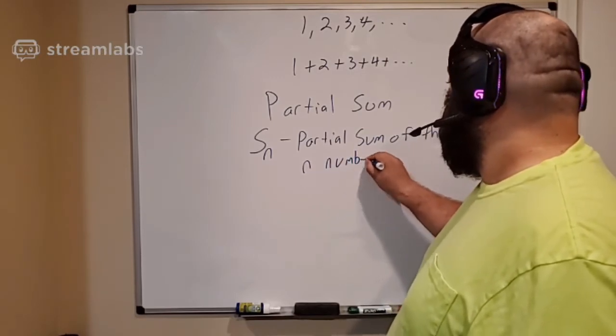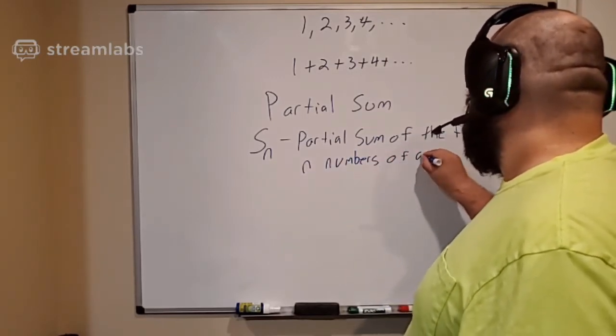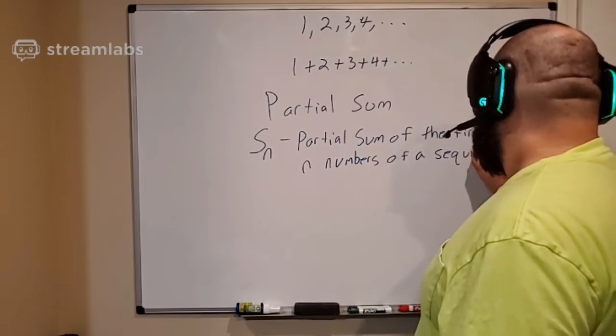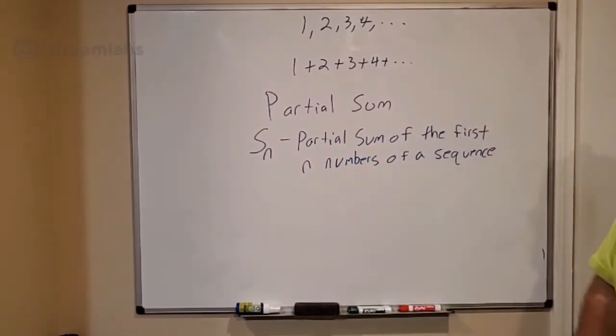So if I want a partial sum, I could have S sub 4, S sub 5, S sub 6. That just tells you to add up the first 4 numbers, first 5 numbers, first 6 numbers, etc. Okay, does that make sense? Hopefully that definition is usually pretty easy.